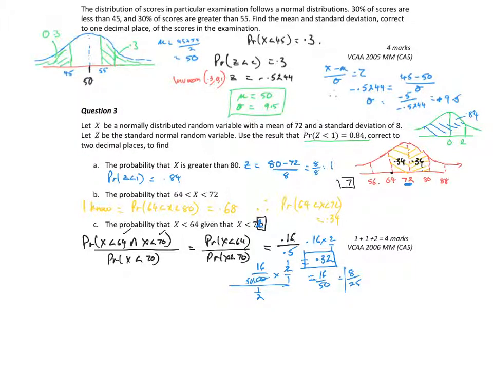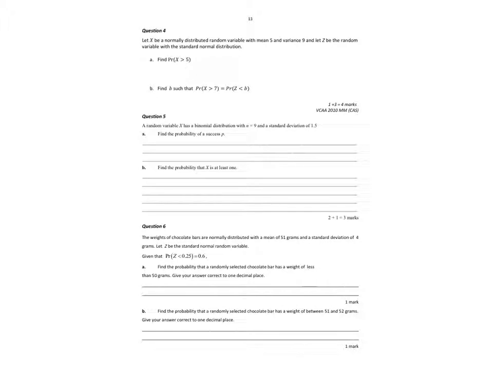All right, let's try the next one. Question 4. X is a normally distributed random variable with a mean of 5 and a variance of 9. So mean 5. Now the variance here, I said variance, didn't I?